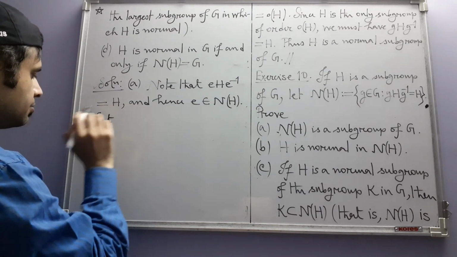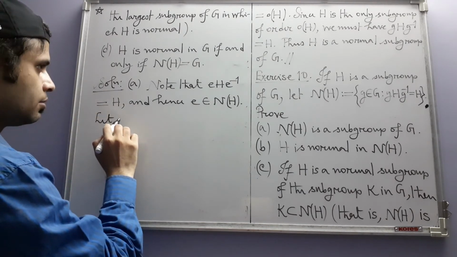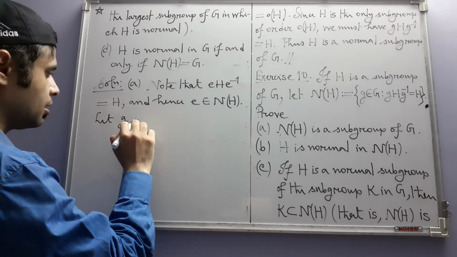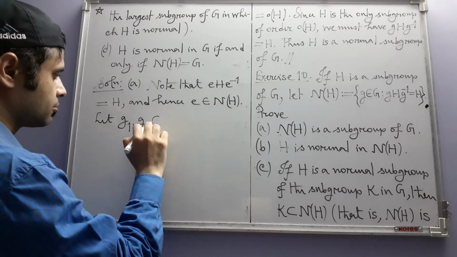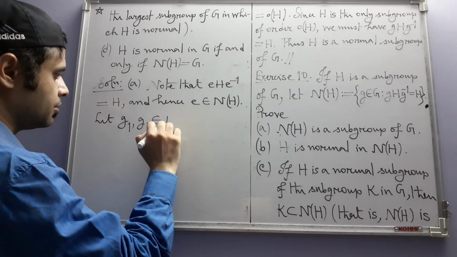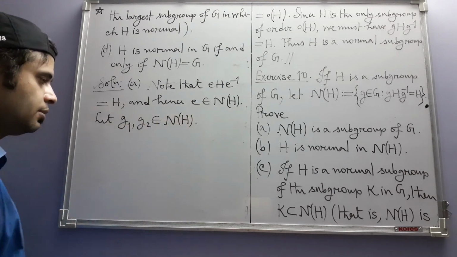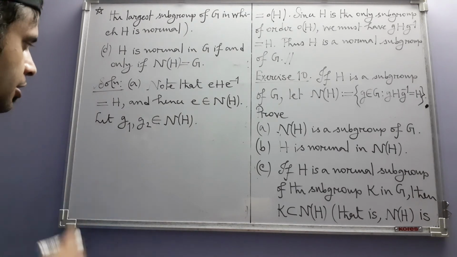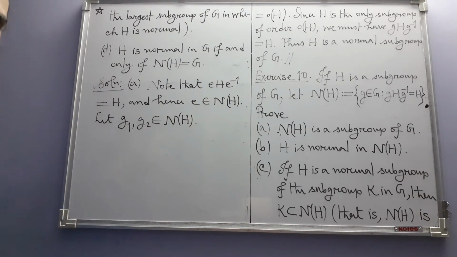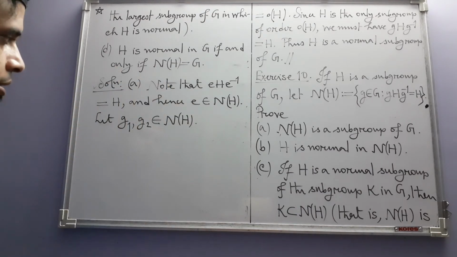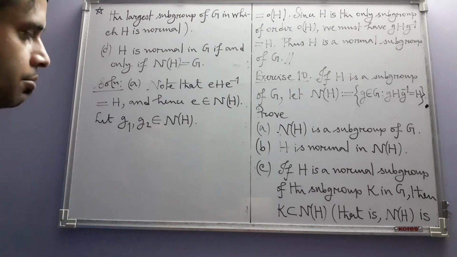Now let G1 and G2 be two elements in NH. If we can prove that G1 G2 inverse belongs to NH, then by a previous criterion for showing that a subset is a subgroup, NH will be a subgroup.